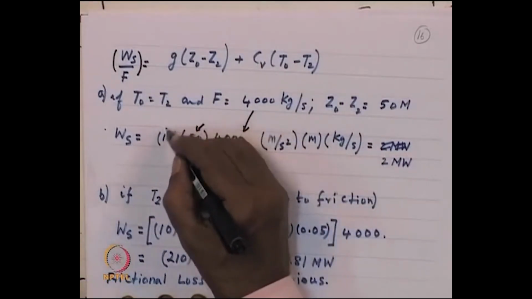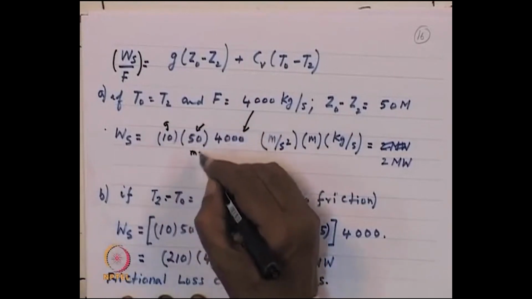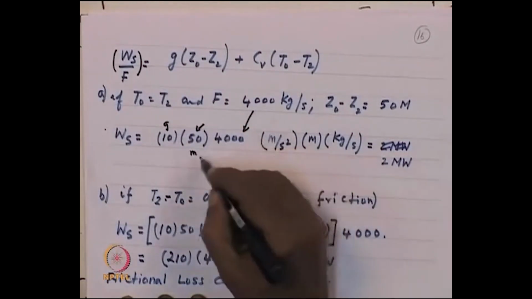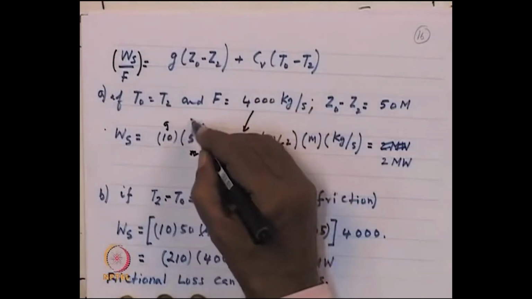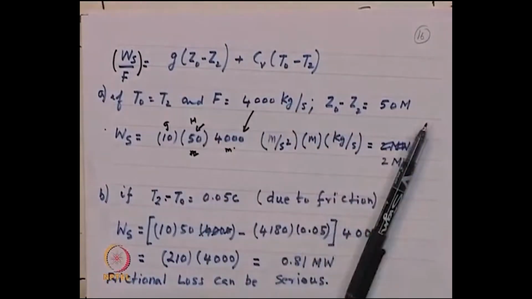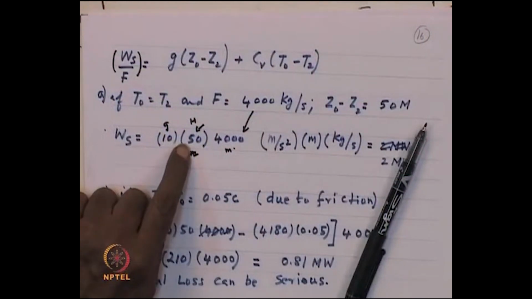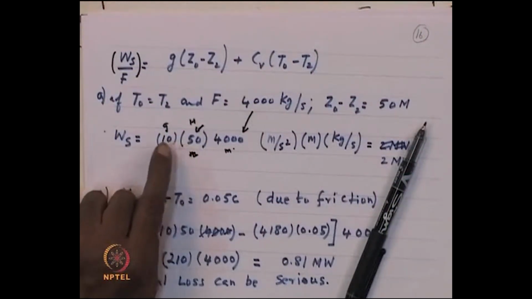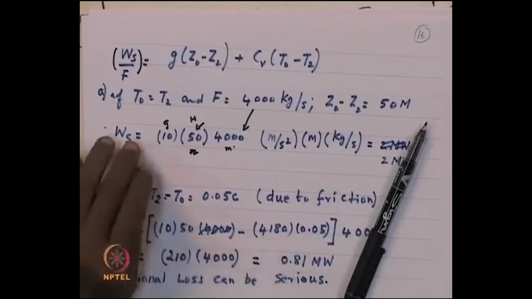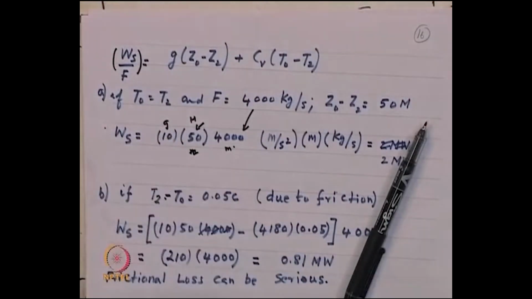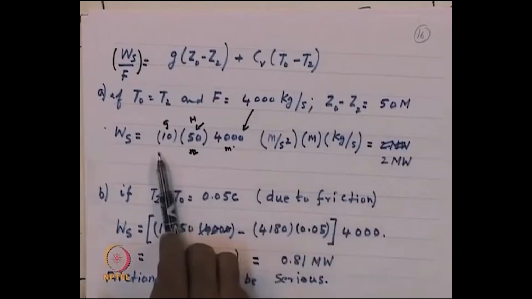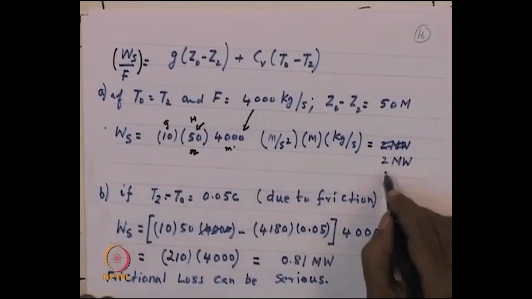This is M, this is G, this is H. So, what we are trying to do is that we have a hydel reservoir in which fluid is available at a height of 50 meters. Now, if it flows through a hydraulic turbine with the G value of 10, what will we get? That is the answer mentioned here. If you multiply all this, you get something like 2 megawatts.